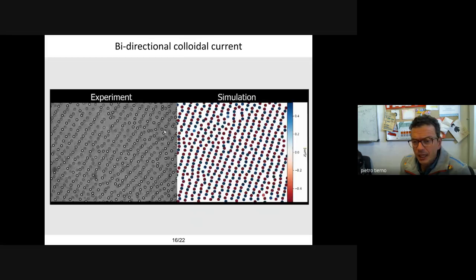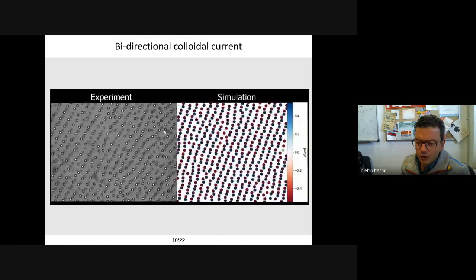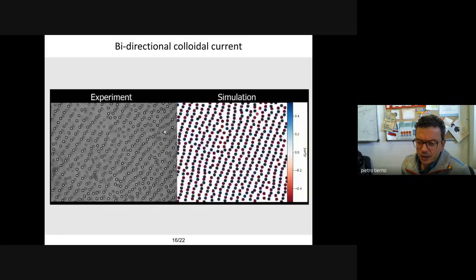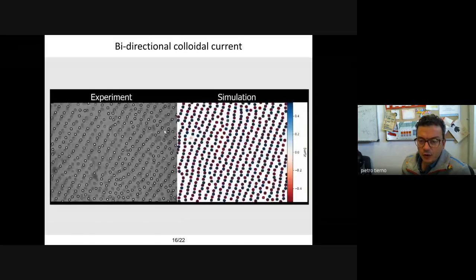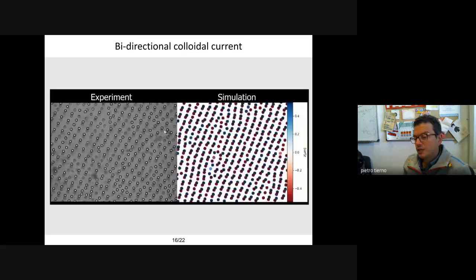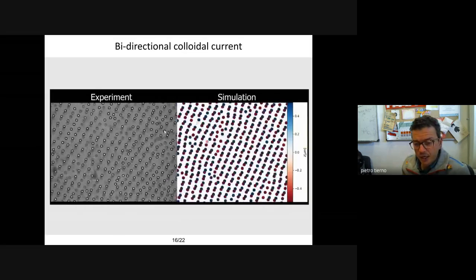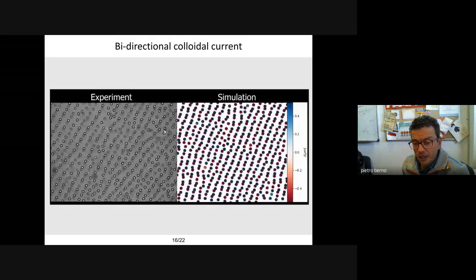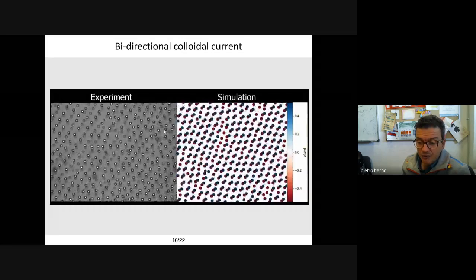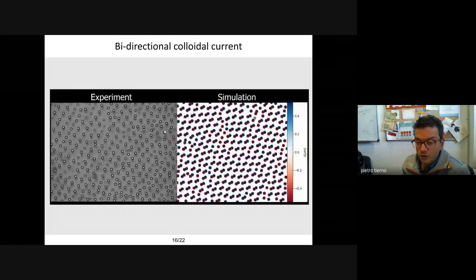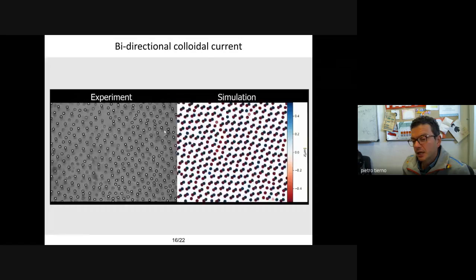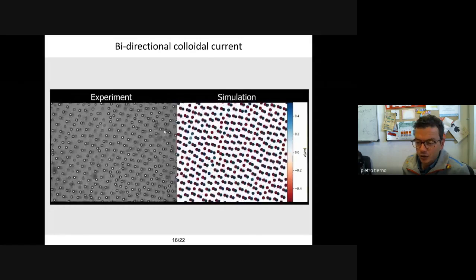Nevertheless, the nice thing is that the simulation can really capture the dynamics of the system, as you can see, for example, in this video where we place together the experimental current that I showed you at the beginning plus the result from the numerical simulation, where you see the dimers rotate, break down, and continue.